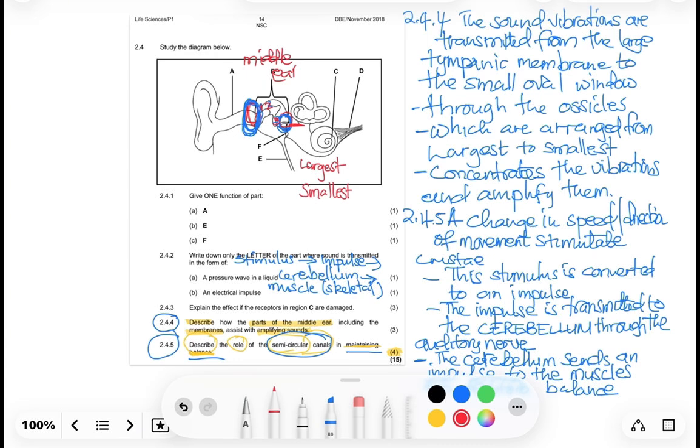So here we were expected to say sound vibrations are transmitted from a large tympanic membrane. That's a marking point, right? So we credit a tick on tympanic membrane. To a small oval window, right? That's another mark. And how is this done? It is done through the ossicles, right? How are these ossicles adapted to perform this function?